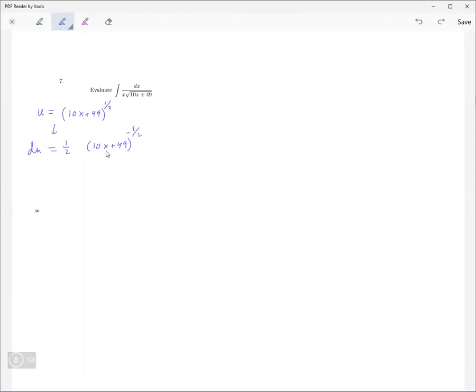And then you take the derivative of this inside part, so you have a 10 coming out, okay? So du is actually going to be 5.